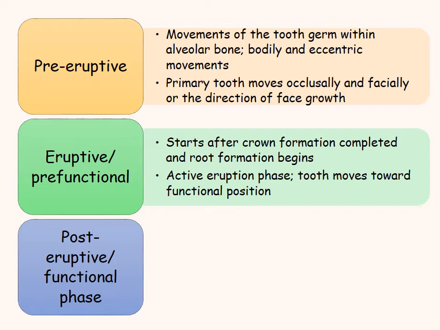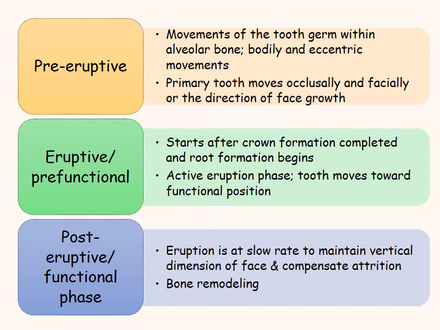Next we have the post-eruptive or the functional phase. In this phase, eruption occurs at a slow rate to maintain the vertical dimension of the face and to compensate for attrition. When the occlusal plane is reached, the rapid phase of eruption comes to a halt.